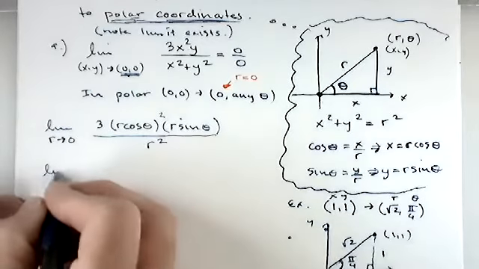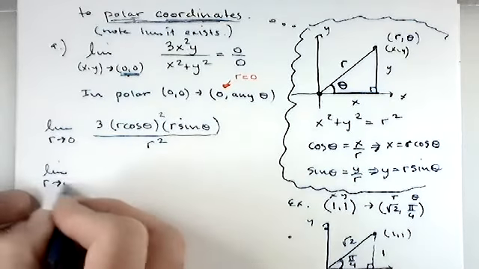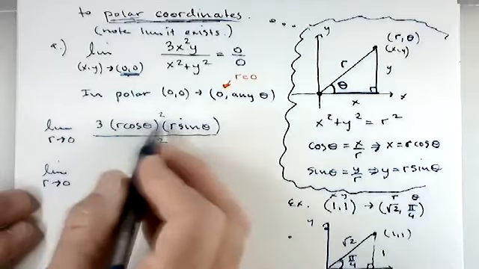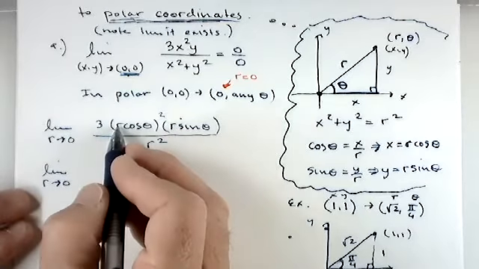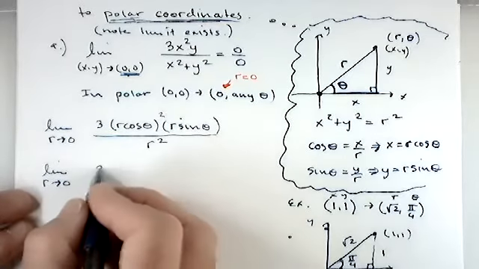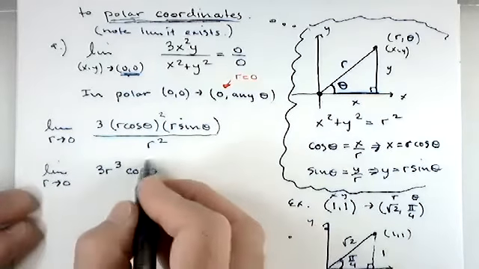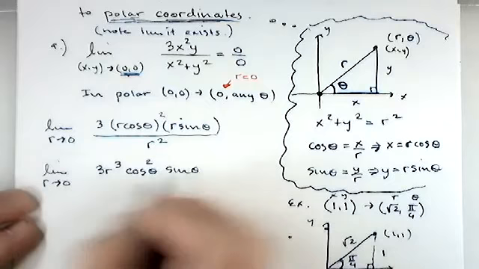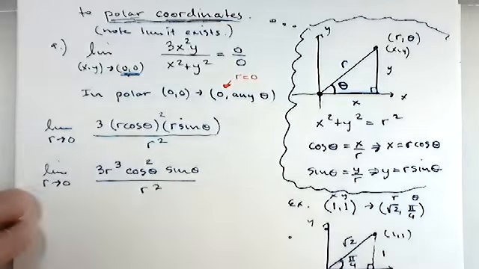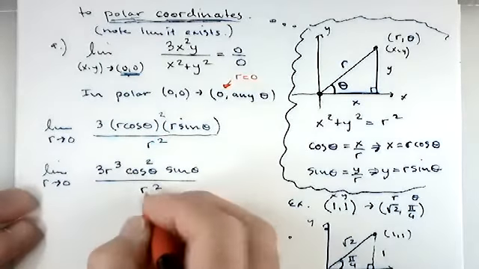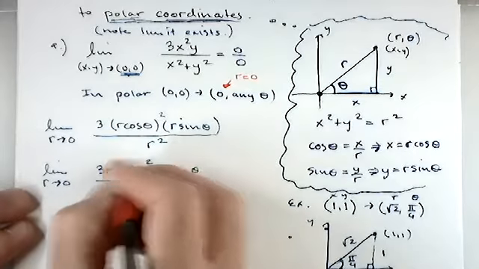Now, if I simplify this, clean this all up, can you see if I square this, I'm going to end up with an r squared times an r. I'm going to end up with 3r cubed times a cosine squared theta times a sine theta over an r squared. R squareds cancel with that r cubed, leaving me with still an r.